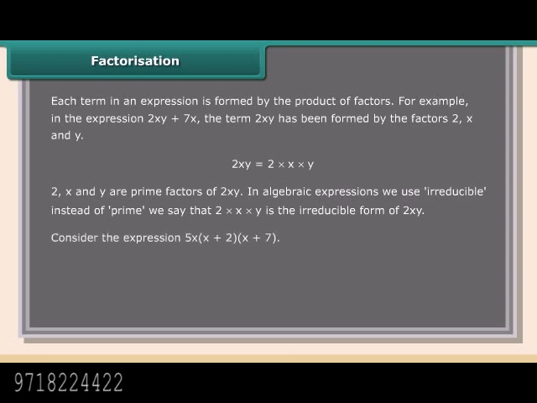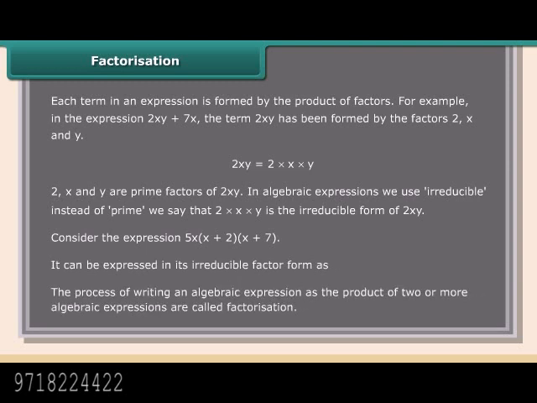Consider the expression 5x(x + 2)(x + 7). It is expressed in its irreducible factor form. The process of writing an algebraic expression as the product of two or more algebraic expressions is called factorization.